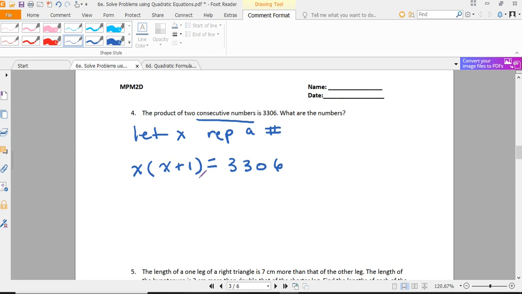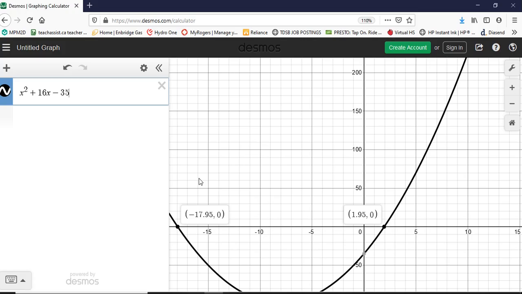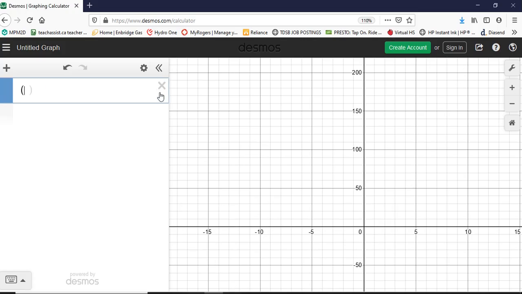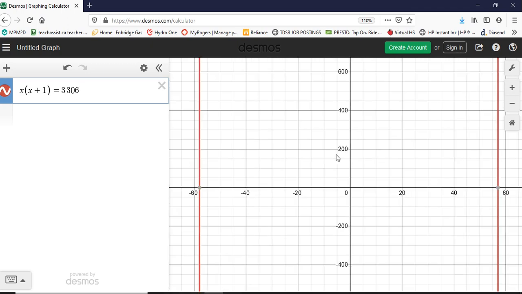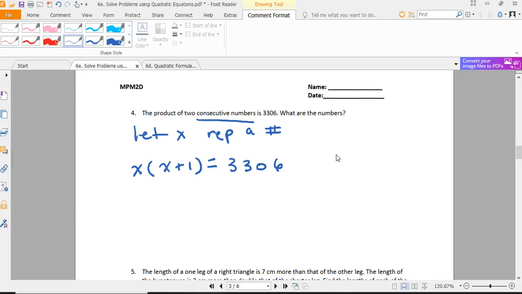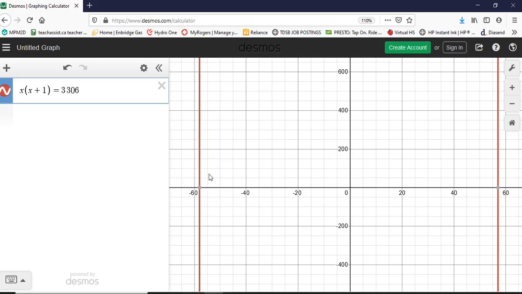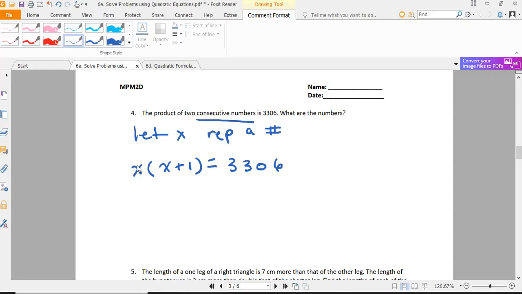Now, if you really want to check the answers right away, you could go into decimals, and you have x times x plus 1 equals 3306. And let's just zoom out so I can hopefully see the graph. Okay. Which means the values are either negative 58, which means the two numbers will be negative 58, and then what's negative 58 plus 1?